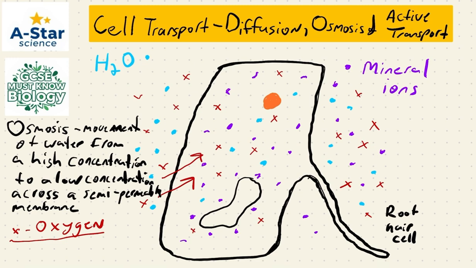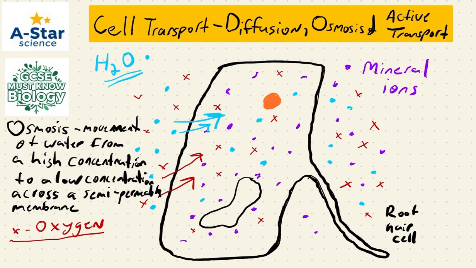So if we look, the water is in the blue here, and there's lots of water molecules on the outside of the cell, and there's some on the inside of the cell as well. That water, because it's a higher concentration on the outside, will naturally move in via osmosis, which is just another form of diffusion.